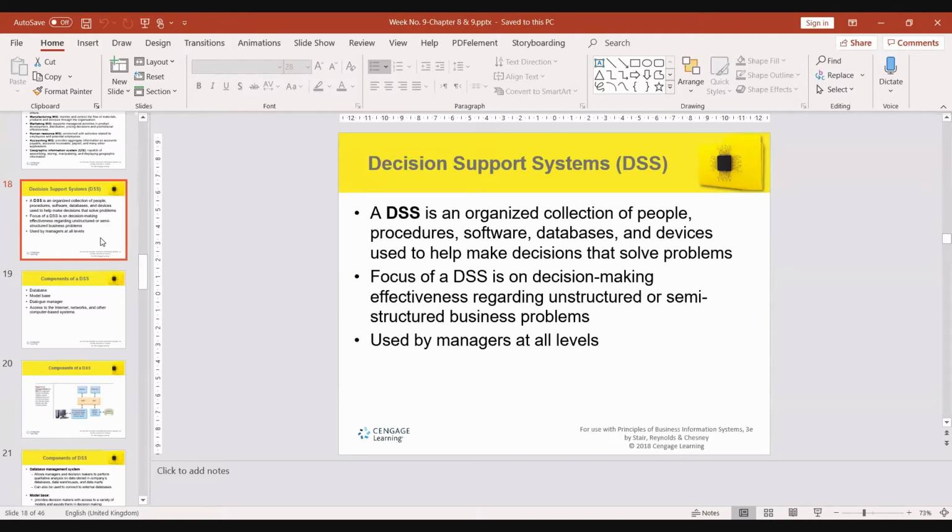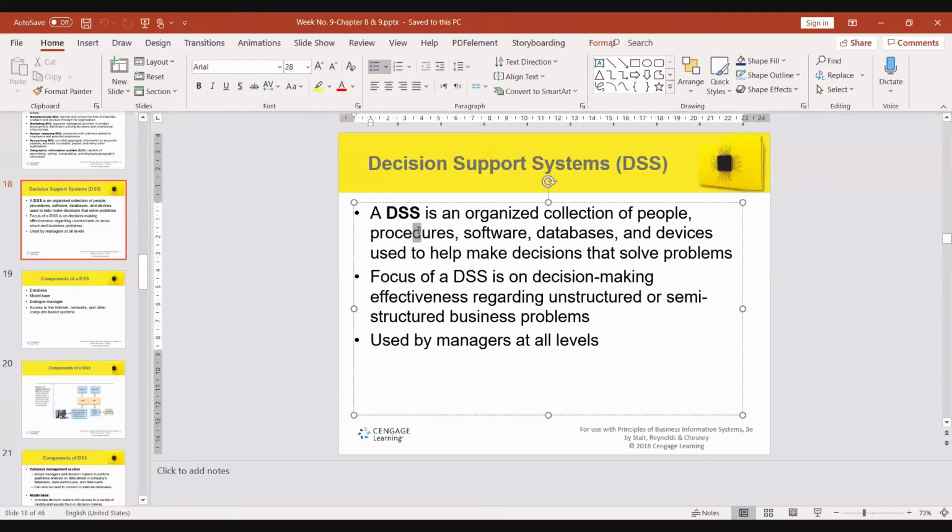A DSS is an organized collection of people, procedures, software, databases, and devices used to help make decisions that solve problems. The focus of DSS is on decision making effectiveness regarding unstructured or semi-structured business problems, used by managers at all levels.